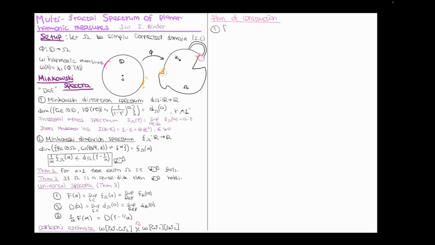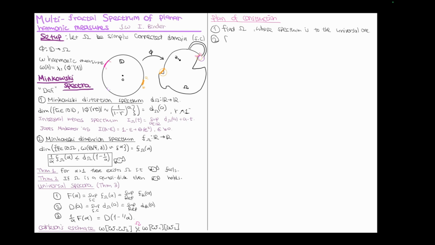So you start with finding a domain whose spectrum is close to the universal guy. Notice that I have a parameter, A or alpha, and the domain that is close to the universal guy might change with the parameter. So I fix a parameter, and then I find the domain.